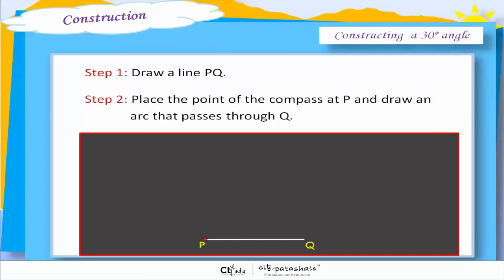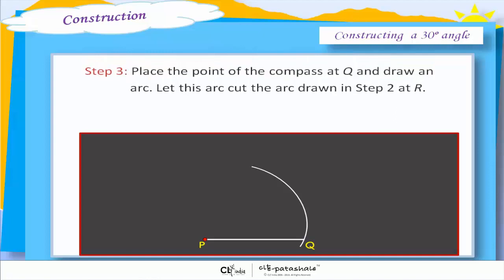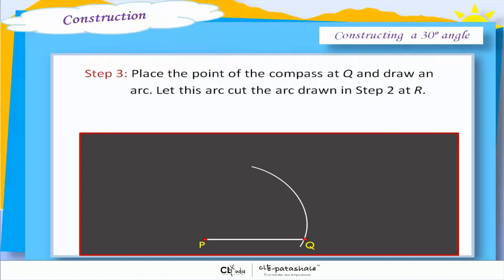Place the point of the compass at P and draw an arc that passes through Q. Step 3. Place the point of the compass at Q and draw another arc with the same radius. Let this arc cut the arc drawn in step 2 at R. Step 4. Join P to R.